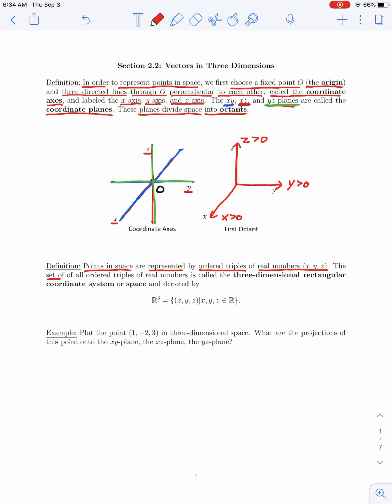And the set of all ordered triples of these real numbers is called the 3-dimensional rectangular coordinate system, or sometimes space for short. And it's denoted by R3, which refers to the set of all ordered triples x, y, z, such that x, y, and z are real numbers. So the set of all points in 3-dimensional real space.